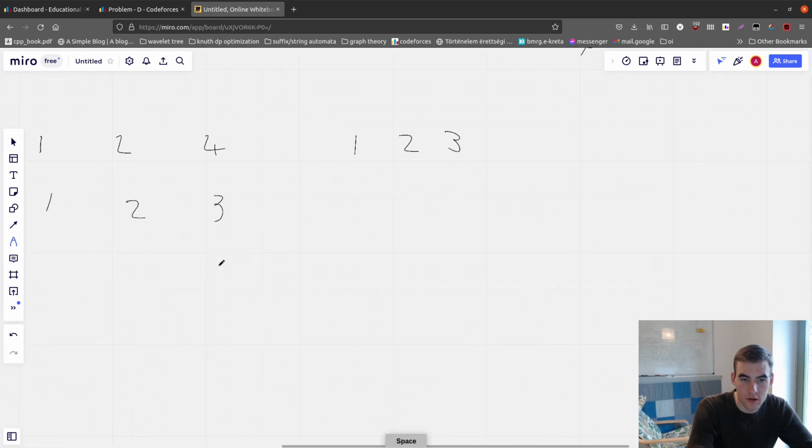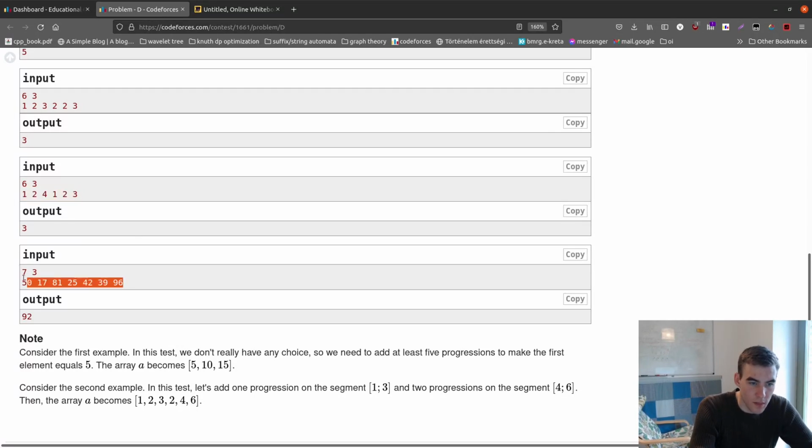Then I go and I increase it 1, 2, 3. Yeah, something like that. First I do 50 increases here. Okay, let's try to solve it for this one.